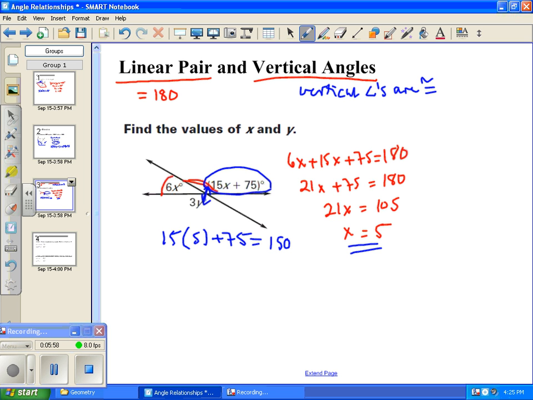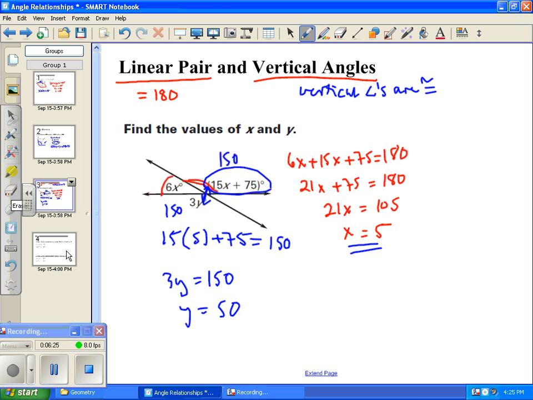So we know that this angle is 150. And if that's true, then we know that this angle is also 150. So if that angle is 150, then we know that 3y equals 150. So divide both sides by 3, so we get y equals 50. So we have used the fact that they're vertical angles to set up a little equation.